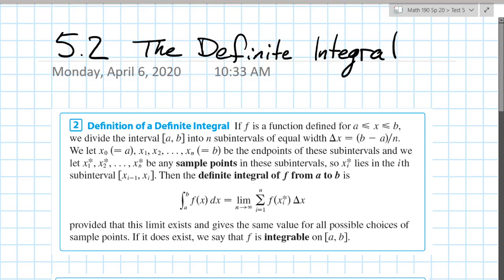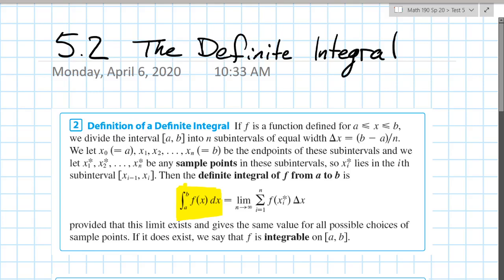So x sub i star would land in between the x sub i minus 1 to the x sub i interval.